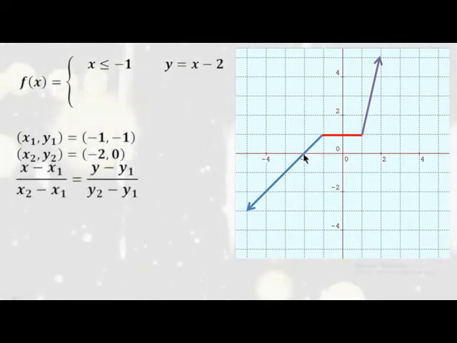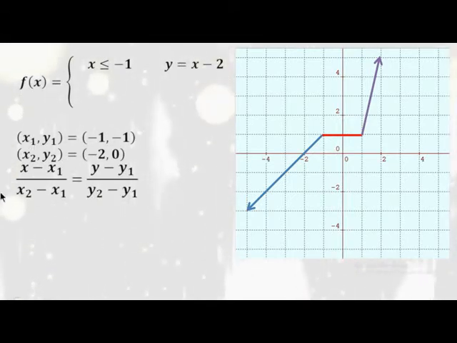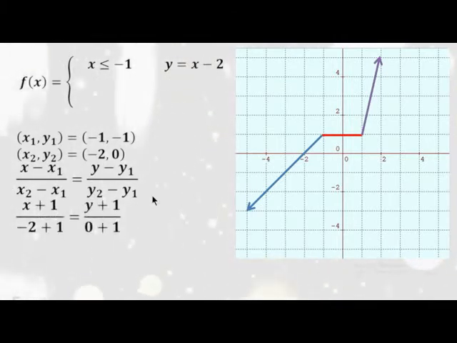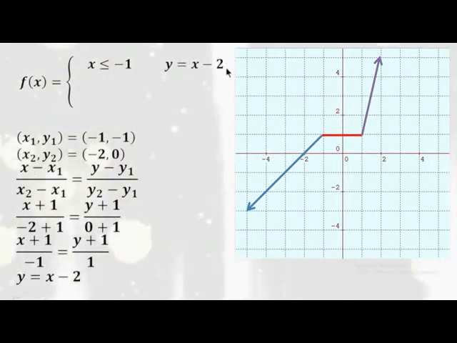And the formula is (x minus x1) over (x2 minus x1) equal to (y minus y1) over (y2 minus y1). I have already told you at the previous meeting about this one. So you just need to substitute the values of x1, x2, y1, y2 into this formula, and you will find that y equals x minus 2. This is why the equation is y equal to x minus 2.